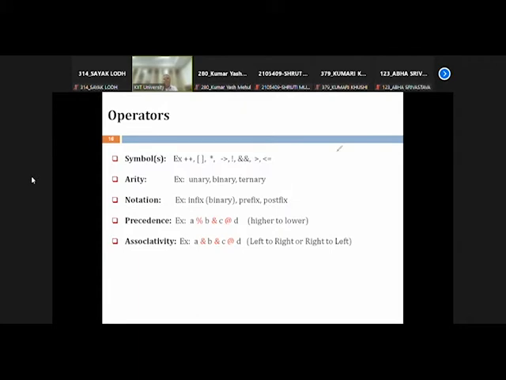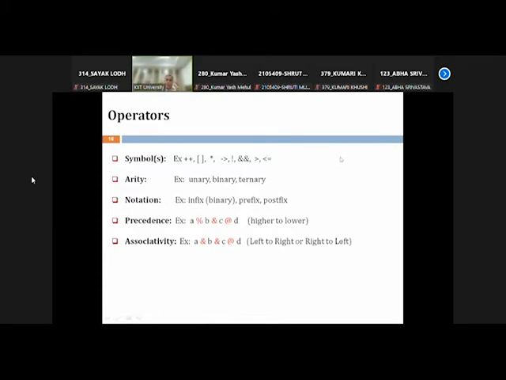Like English, most operators use left to right associativity, except a few like plus plus, minus minus, and some unary operators, which use right to left associativity. Again, on a single page in the book it is written which operator uses left to right and which uses right to left associativity.